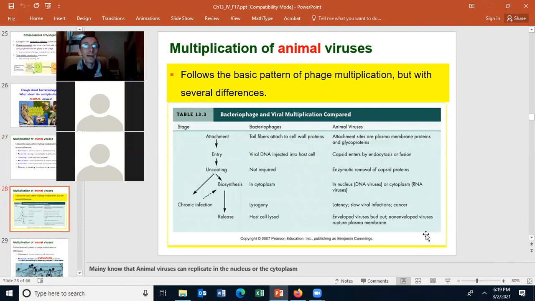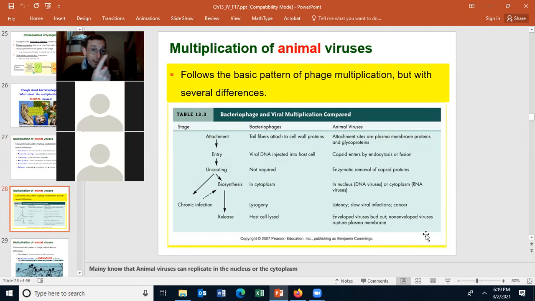Let's talk about this slide very briefly. The animal virus generally follow the same multiplication as bacteriophages, but there are some differences. There's only one that you need to know about, and that is animal viruses can replicate in the nucleus, or they can replicate in the cytoplasm.